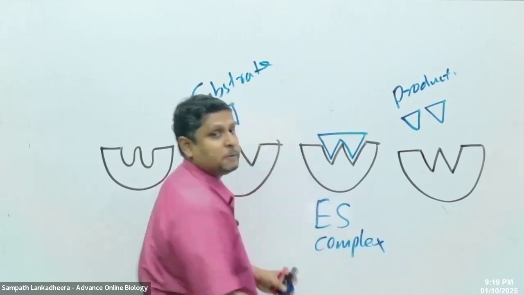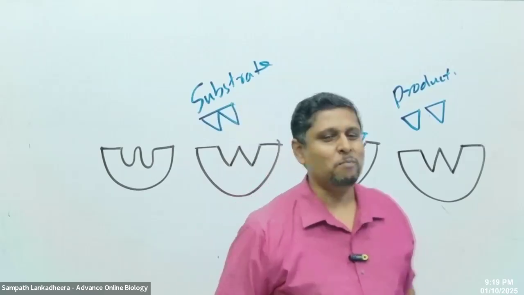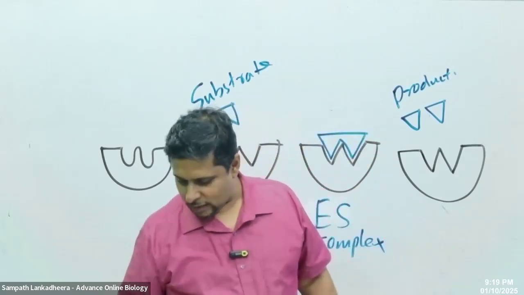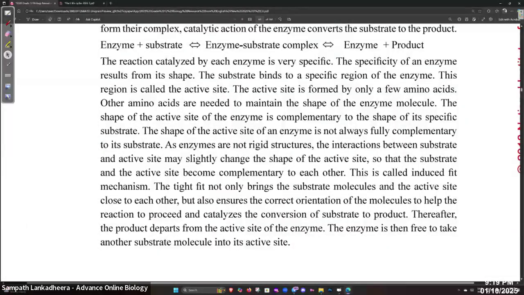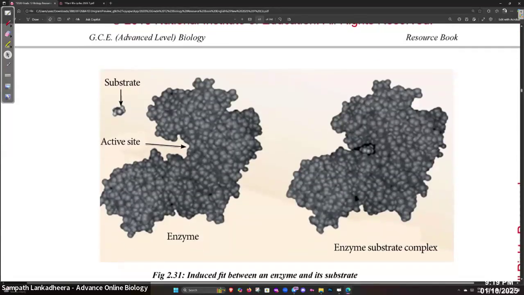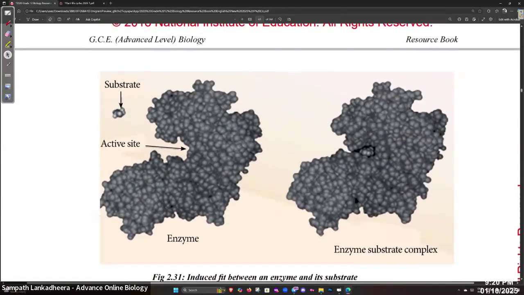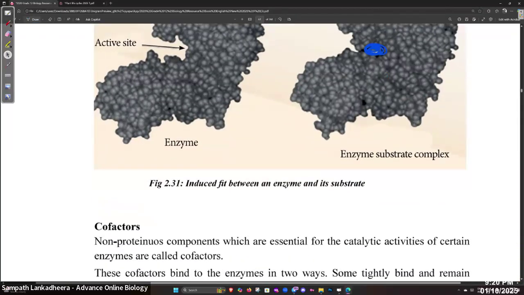What is the ES complex, people? Enzyme-substrate complex. So this is how the reaction takes place. Read that part a little bit. This is the active site and how the substrate goes and binds to the active site. It's now clear for you.